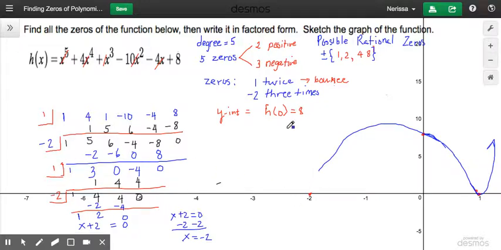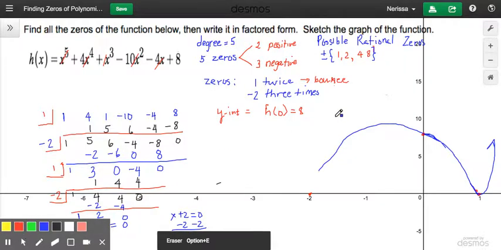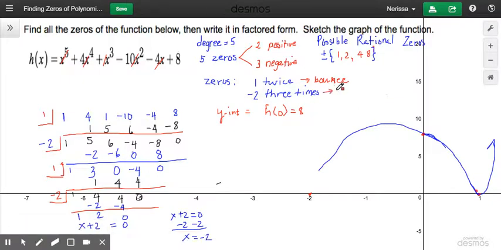However, -2 is a 0 3 times, so that means it's going to cross at x equals -2, and it's going to cross slowly.